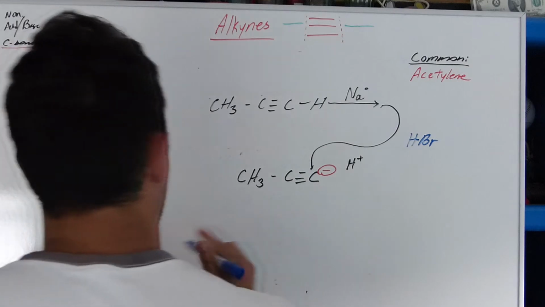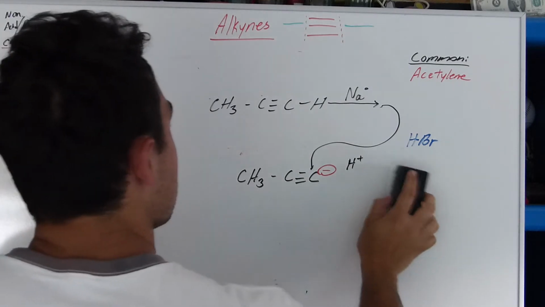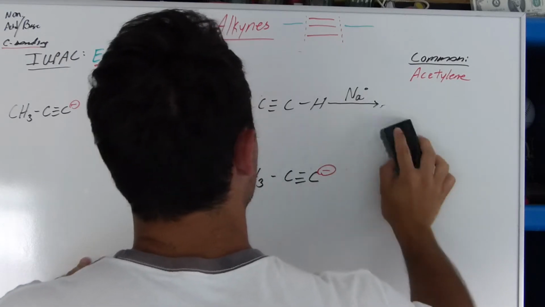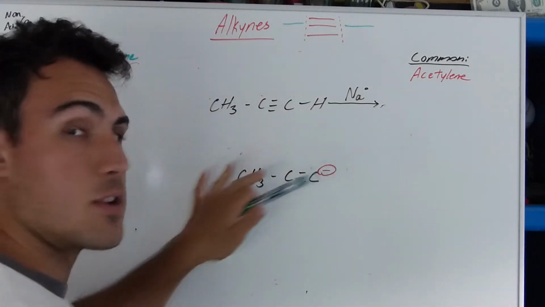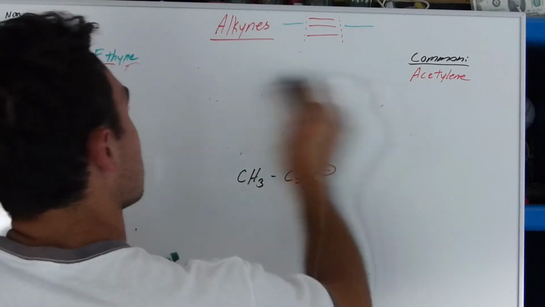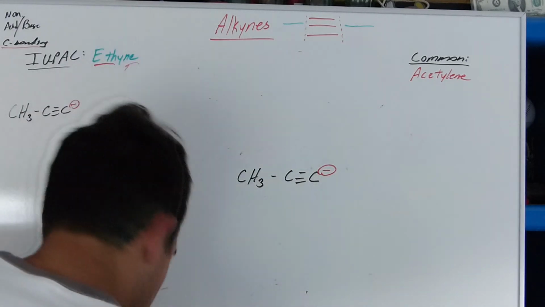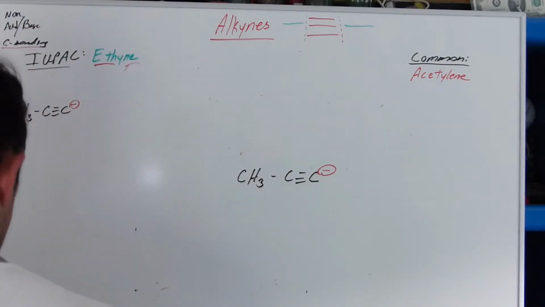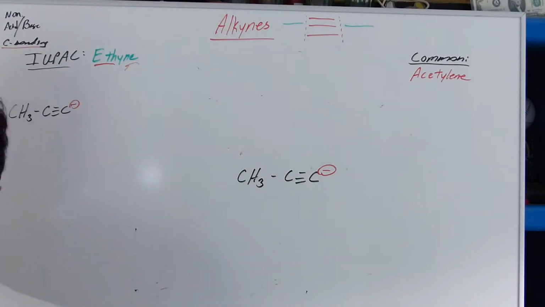Actually, I'm going to put them over here. I want to rewrite this. So everybody hopefully has the first part here. If not, just rewind the video. Now we need to get a hydrocarbon on here. So what are we going to do?